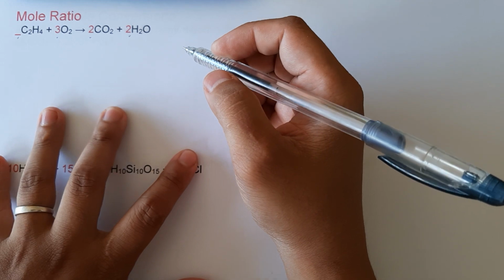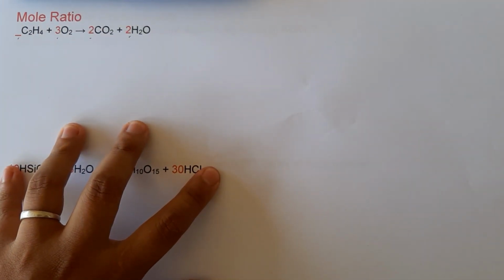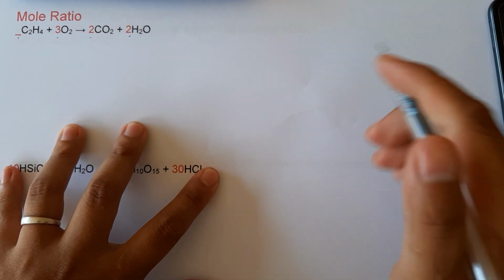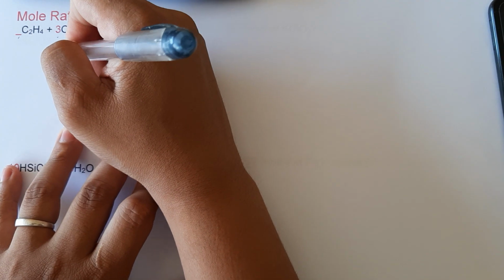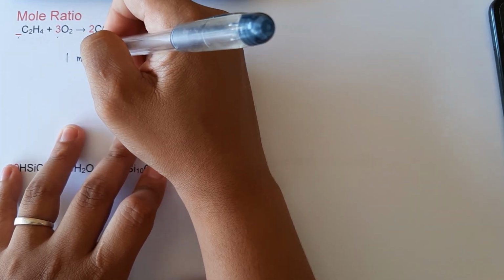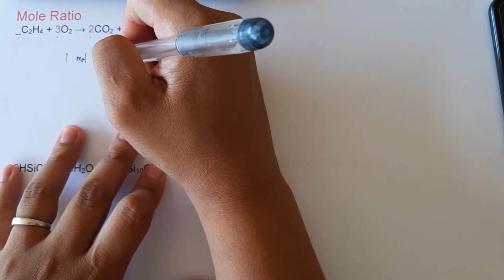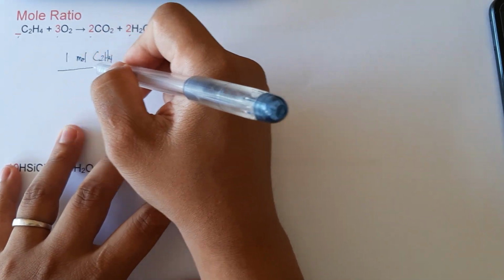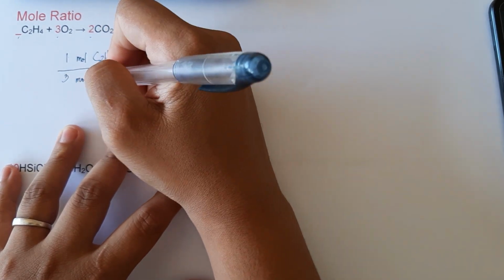So, for example, if you're going to look for the ratio of butane and oxygen gas, that is 1 mole of butane, or C2H4, over 3 moles of oxygen gas.